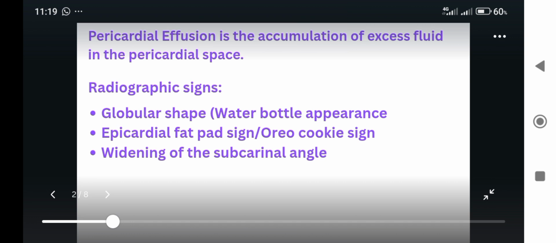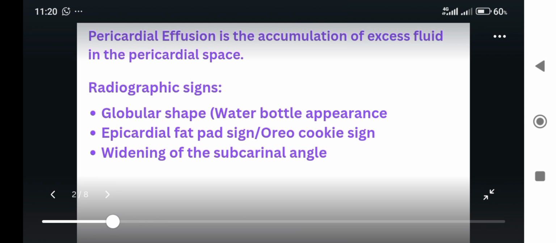Welcome back. Pericardial effusion is the accumulation of excess fluid in the pericardial space. We'll look at radiographic signs. What are the things we'll look out for in the chest X-ray to be able to make this diagnosis? The first thing is the shape of the heart: a globular shape, what we call water bottle appearance.